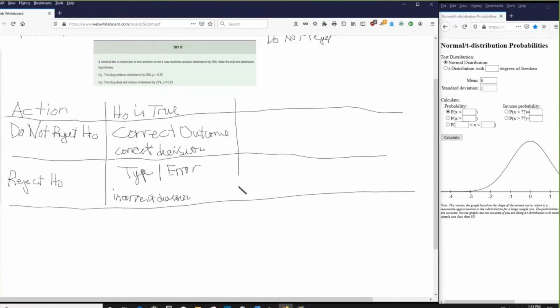Now, if we have the opposite and the null hypothesis is actually false, and I choose not to reject the null hypothesis, then I will have what is called a type 2 error.